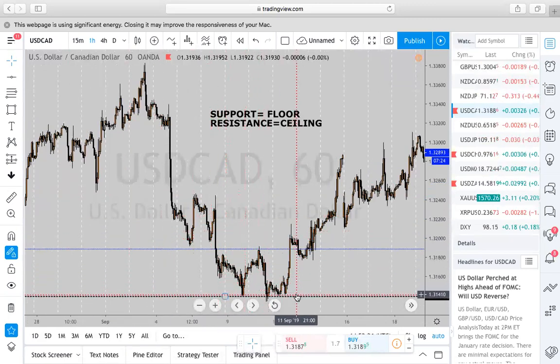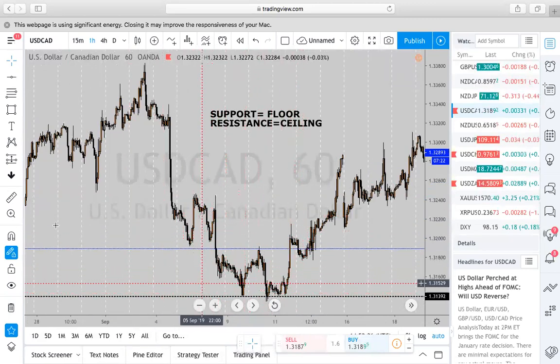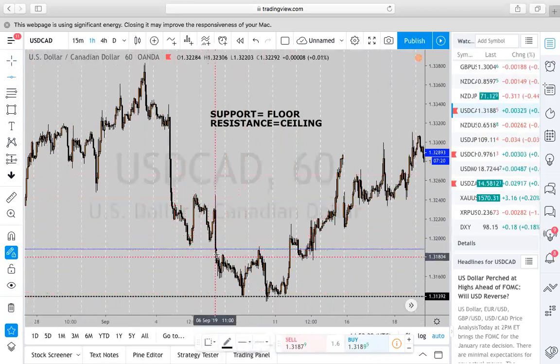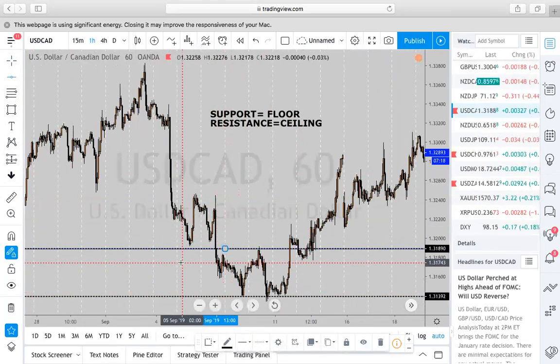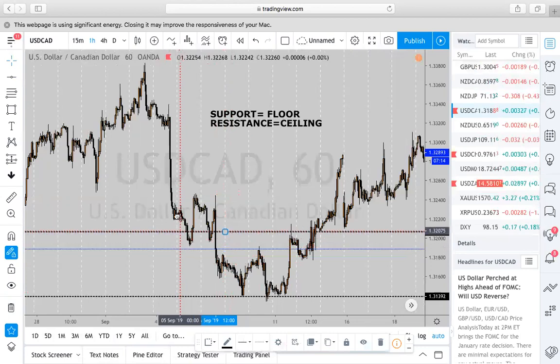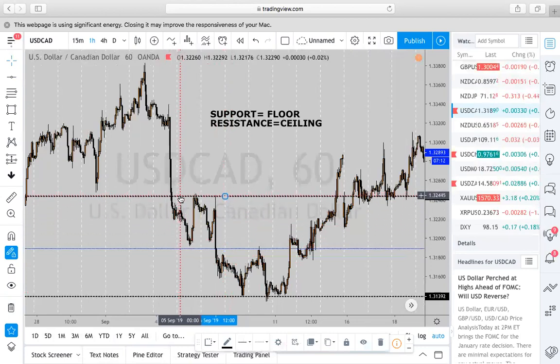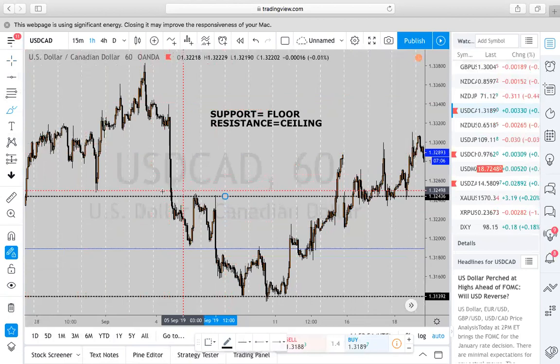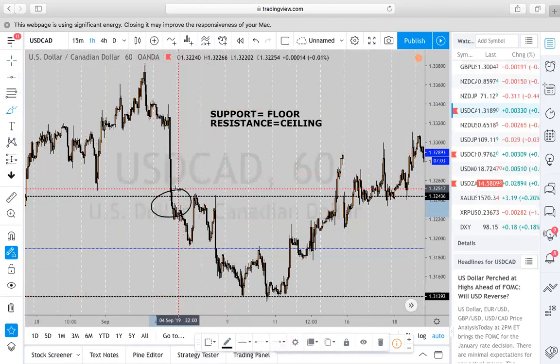So we got our support. Let's just go ahead and identify this right here as a ceiling. Right? Matter of fact, let's go back to this drop right here really quick. As we see, for example, this area right here where we got this break.